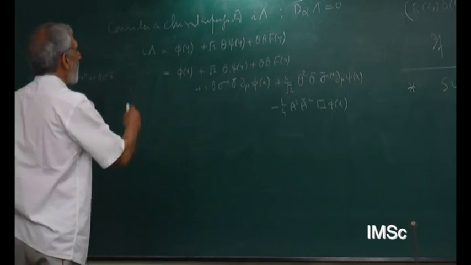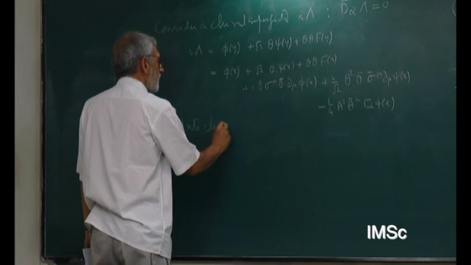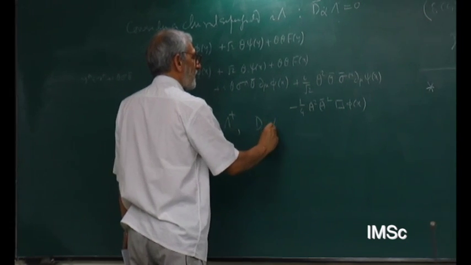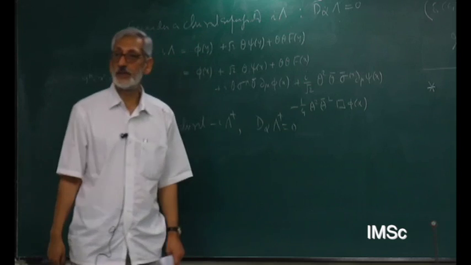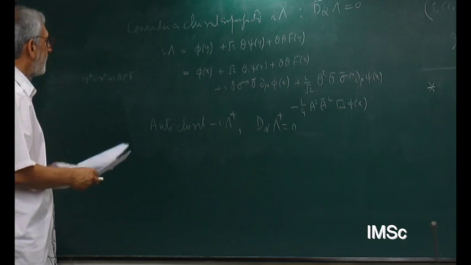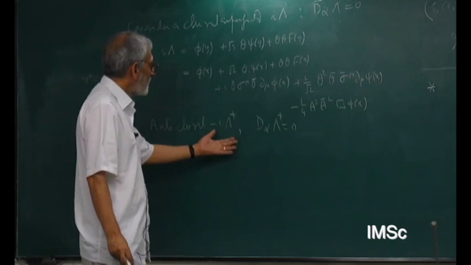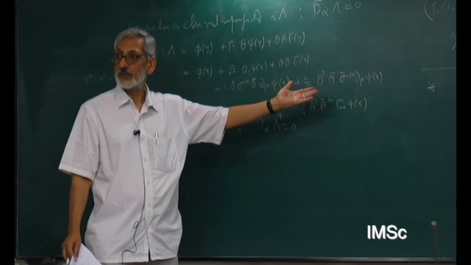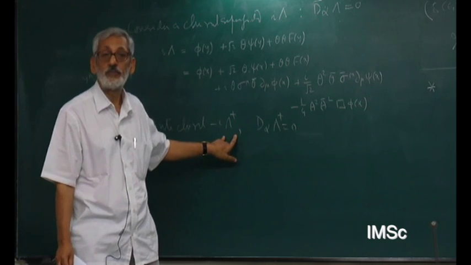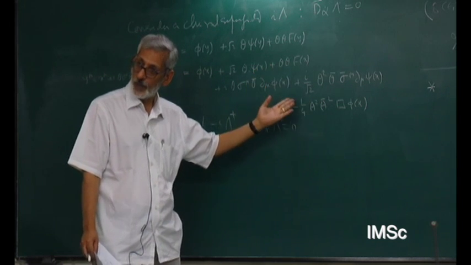Now for a chiral superfield i lambda, the conjugate of this is an anti-chiral superfield, minus i lambda dagger, where D alpha lambda dagger is 0. So I can write a similar expansion for that object, because now this would be a function of y bar and theta bar, and it would be nothing but the complex conjugate of this object.